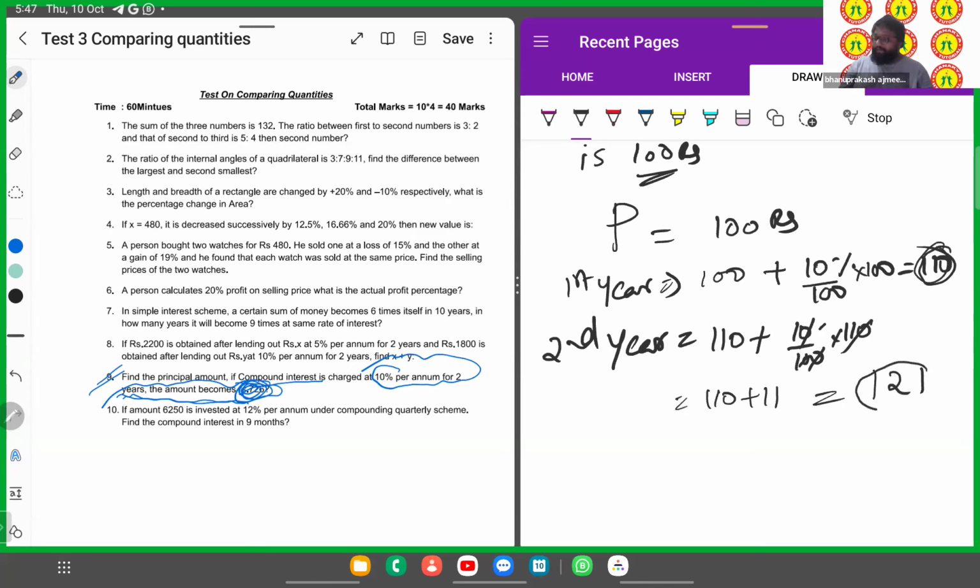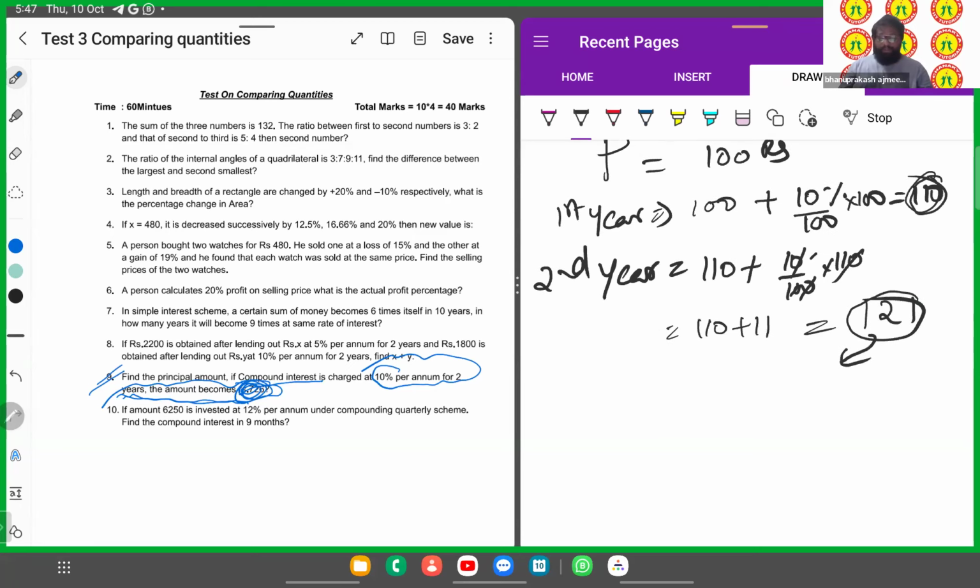Now I will equate. I'm just assuming that the amount taken at the very initial from the lender in the first year is 100, so after 2 years it becomes 121.